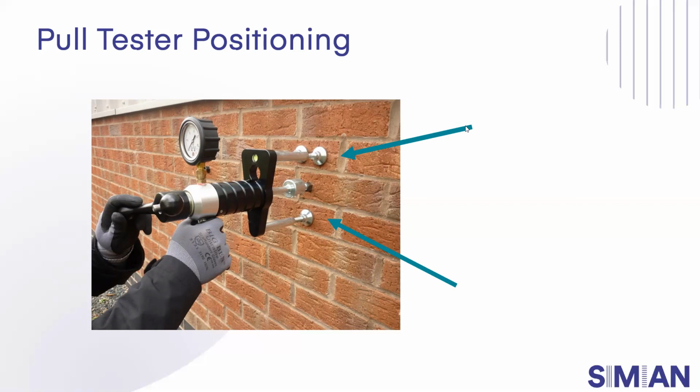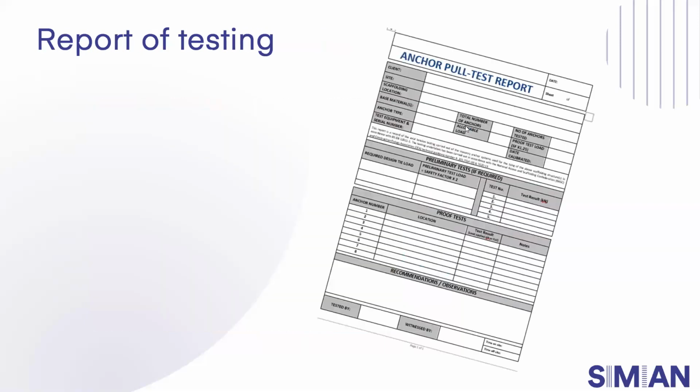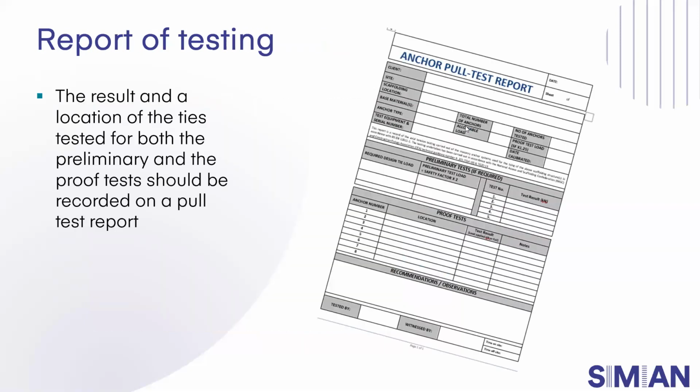Once you've done these and you've completed all your tests, you should record these in a pull test report. So the result and the location of each tie that's been tested as well. There's an example of a pull test report. That allows you to record the client and site where you've done the pull test, what type of material you've been testing it in, what anchors you're using.